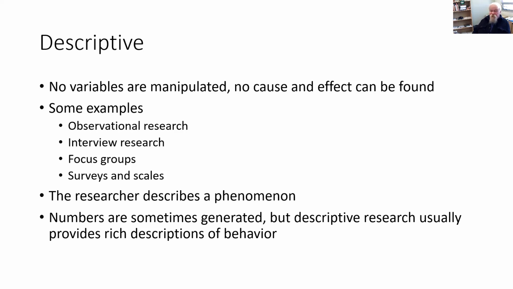okay? Now, we can't really say that something causes something else to happen, because in descriptive research, you might collect a few numbers, say from a survey or a scale, but you're not really experimentally manipulating a variable, okay? And I'll talk about that in a minute.